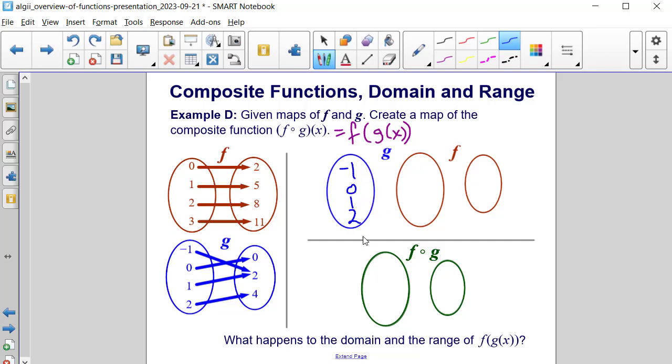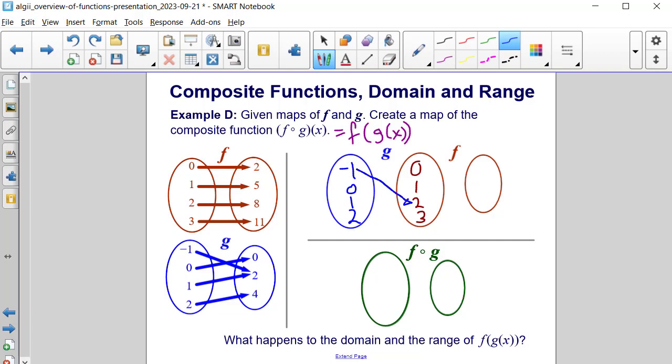And then g is going to try to map to the inputs of f. So this second circle is going to be the inputs of f, and that will be 0, 1, 2, and 3. And now let's use the mapping of g for our first step here. So we're going to map from -1, it maps to 2.